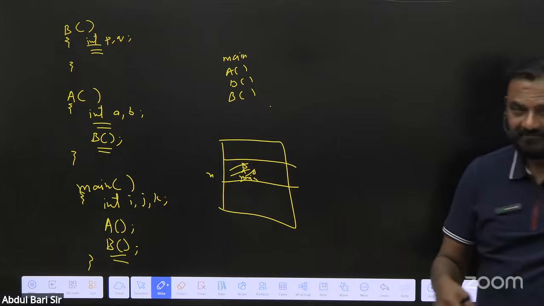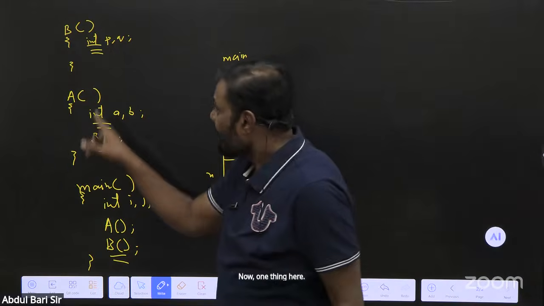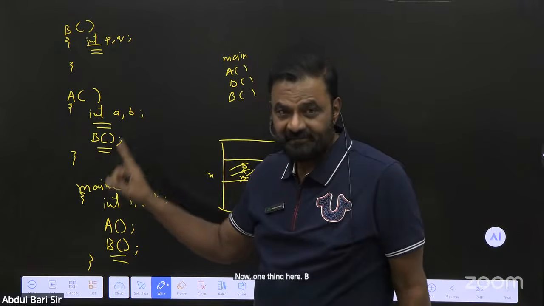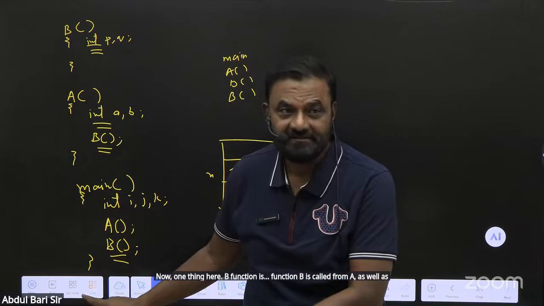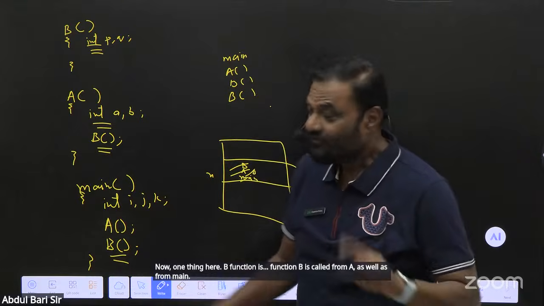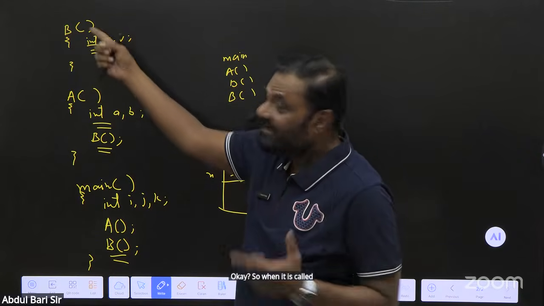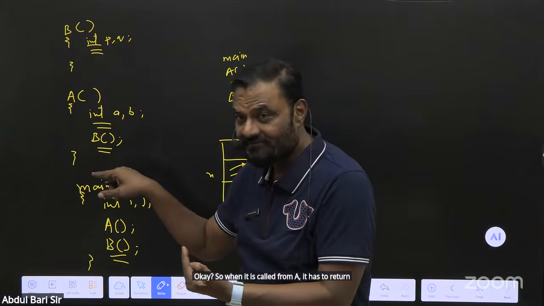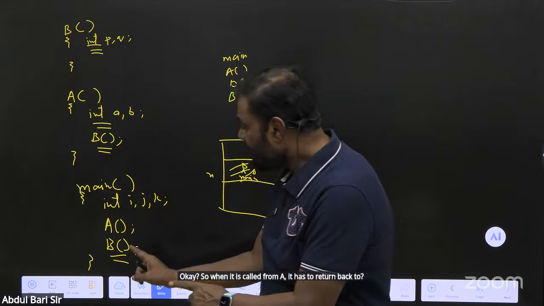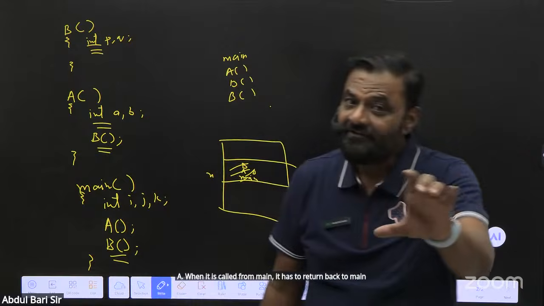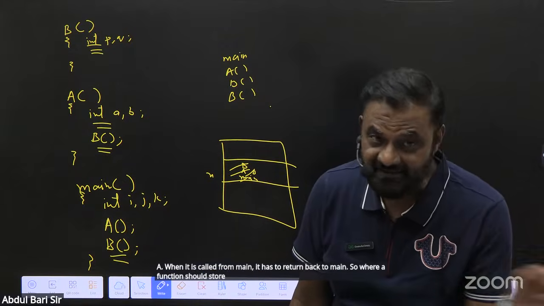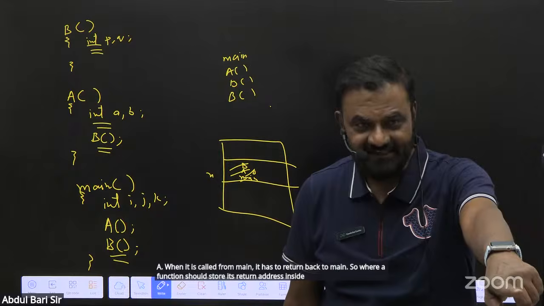Now one thing here. Function B is called from A as well as from main. So when it is called from A, it has to return back to A. When it is called from main, it has to return back to main. So where should a function store its return address? Inside the activation record.